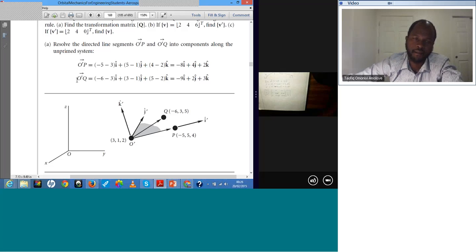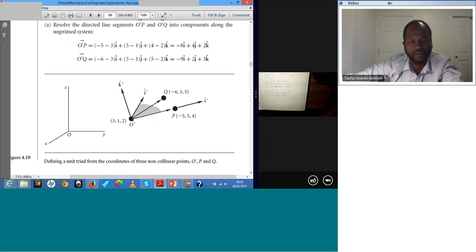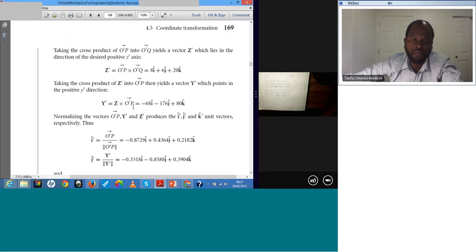And then in a similar fashion, we can get OQ in terms of its components in the unprimed axis. Taking the cross product of OP and OQ, we get a vector in an axis which is perpendicular to the plane defined by OP and OQ.